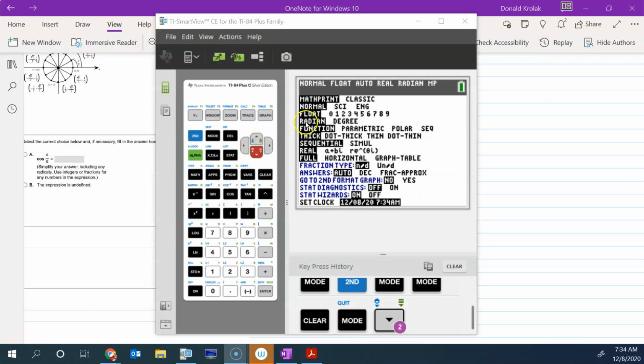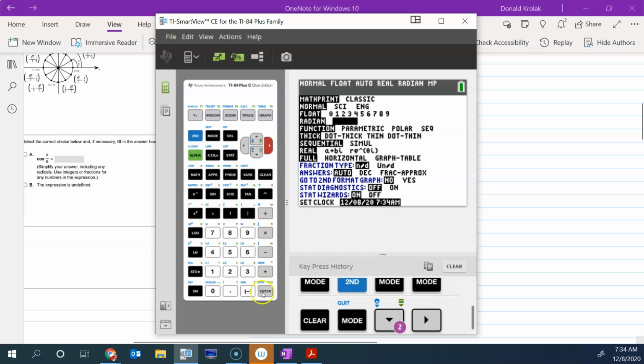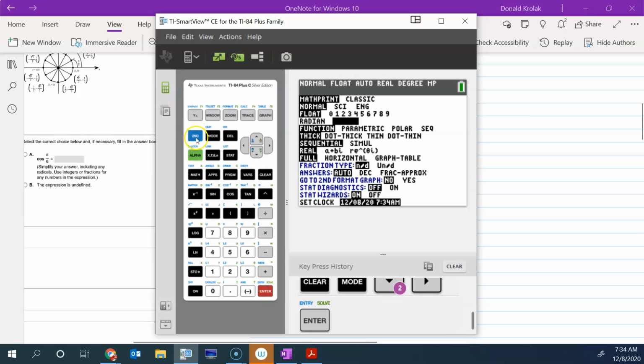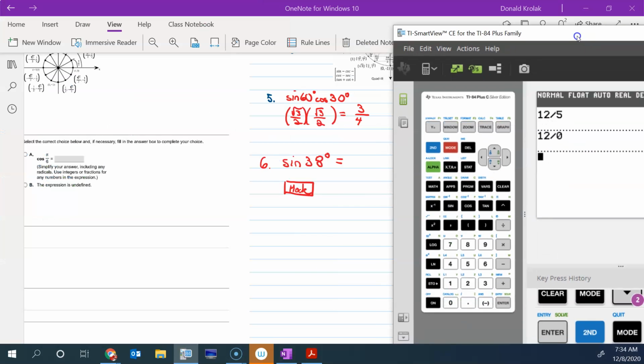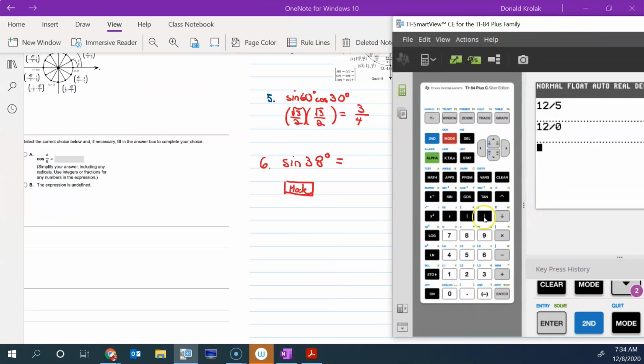We're going to change the radian into degrees. It's 38 degrees. And then just hit enter. Now you can just type in the question, which is the sine of 38 degrees. So sine 38, close the parentheses.